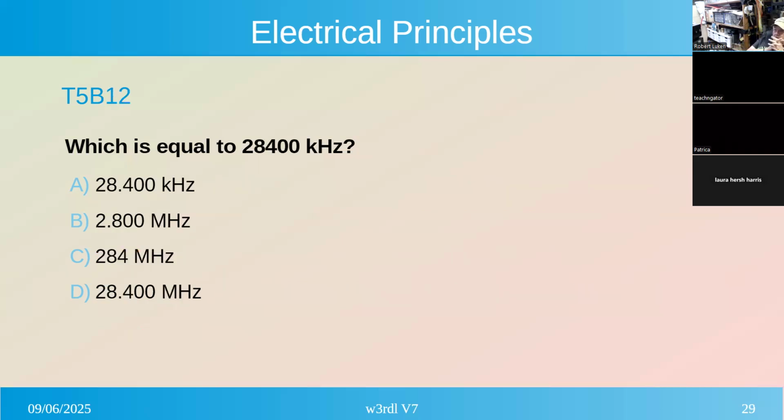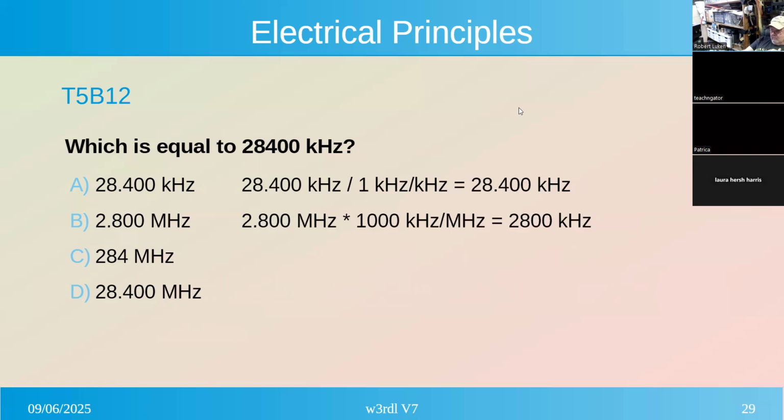Which is equal to 28,400 kilohertz? Delta. I think it's alpha. Delta.